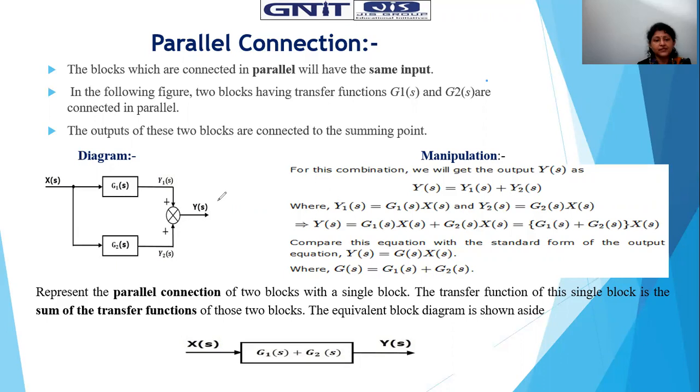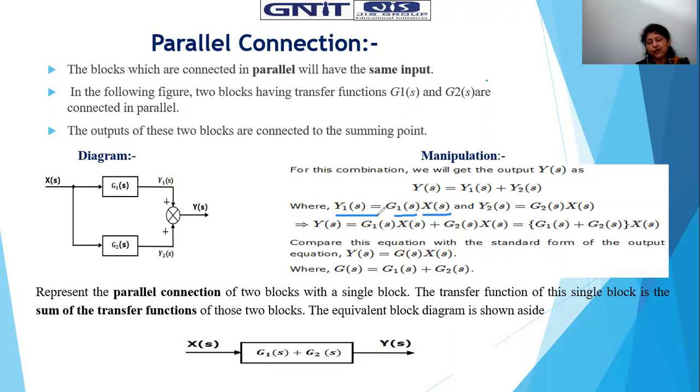So what will be the manipulation in that case? While X is passing through G1, with the transfer function G1(s) of the system, we get Y1(s). What is the expression of Y1? It is the transfer function multiplied with the input: G1(s) into X(s), because by definition G1 is Y1(s) by X(s).